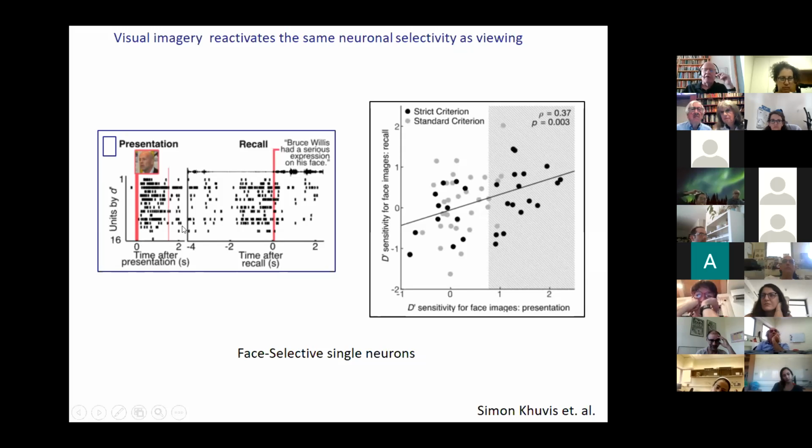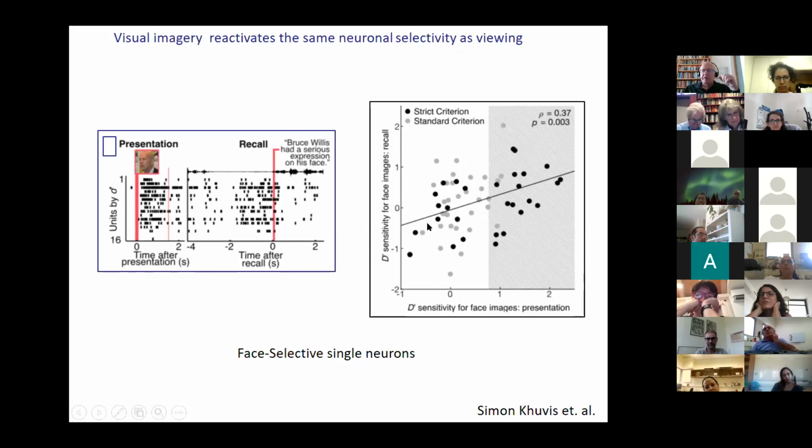Critically, when they close their eyes, have their eyes covered, and were asked to recall the different images, only when they recall Bruce Willis, you see this activation here that corresponds to the activation that happened during viewing Bruce Willis. So you see a reactivation of the same neurons during internally generated vision and externally generated vision.